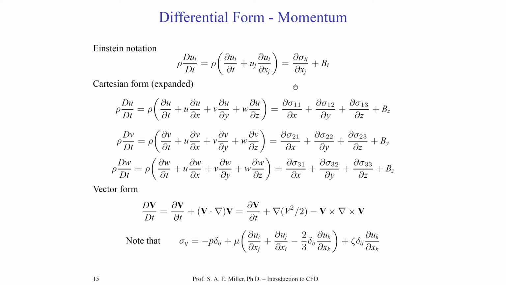So in the i equation, or the x equation in Cartesian form, only the term sigma 1,1, for i equals 1 and j equals 1, would have a term of pressure, negative partial p partial x. The other terms, say negative partial p partial y and negative partial p partial z, would be 0 because of the Kronecker delta function here.